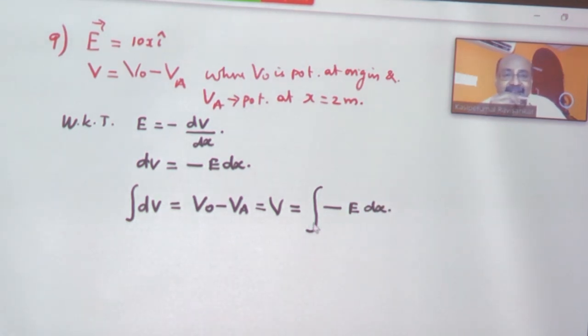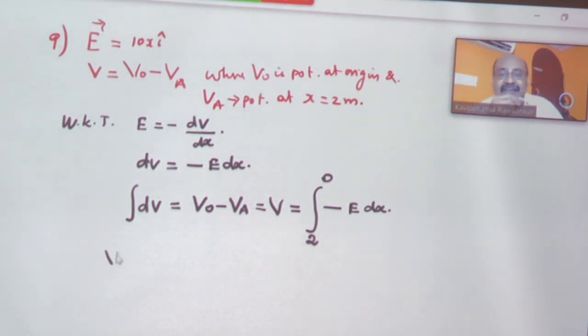When I am integrating, from where am I moving? From 0 to 2. When the potential difference is asked, you have to move a unit positive charge from one point to another point. So the difference is final minus initial. The final point is 2 and the initial point is 0, opposite to that of the electrical field.